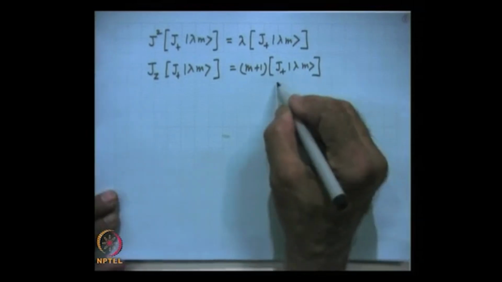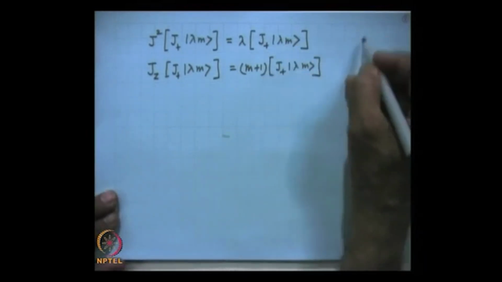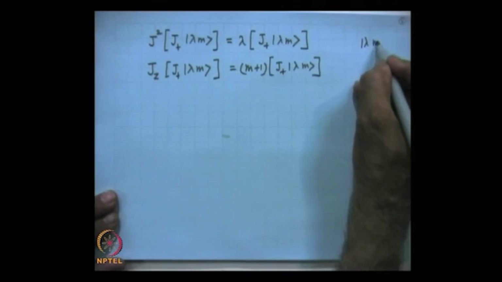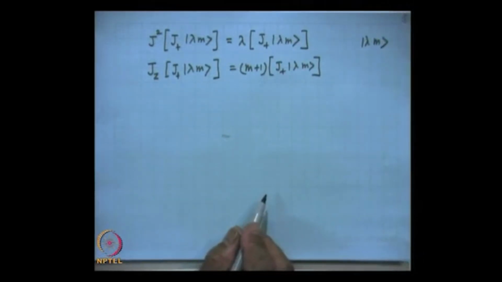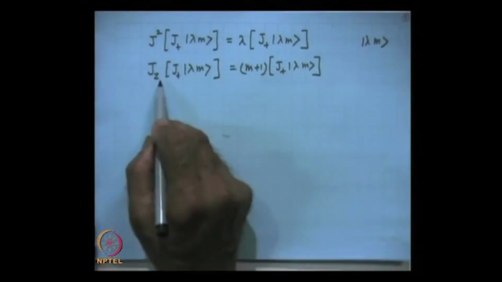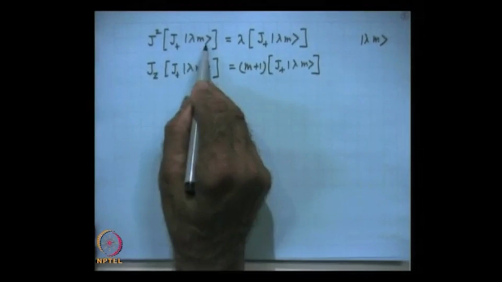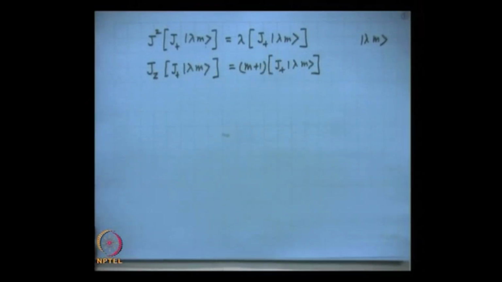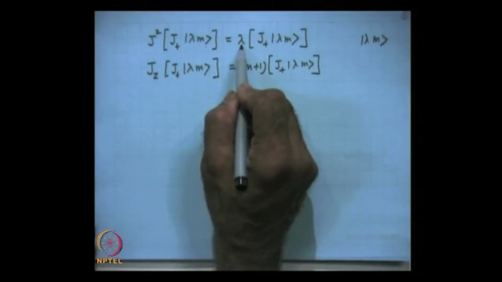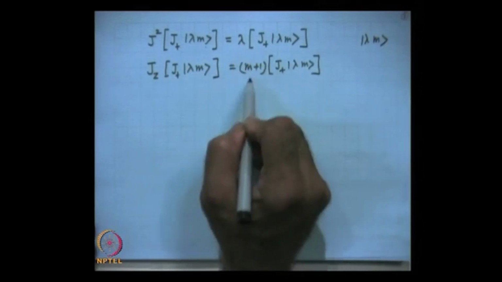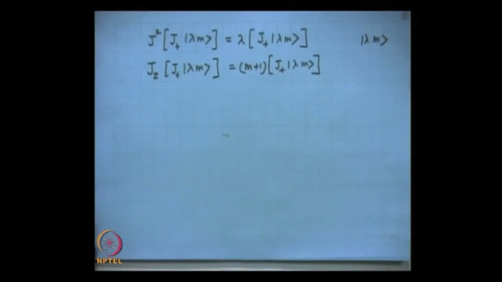So, therefore, if ket lambda m, of course a non-null ket, is a simultaneous eigenvector of the operator J square and Jz, then J plus ket lambda m is also a simultaneous eigenket of J square and Jz belonging to the same eigenvalue of J square, but one raised eigenvalue of Jz.